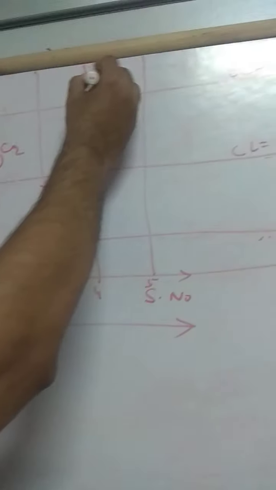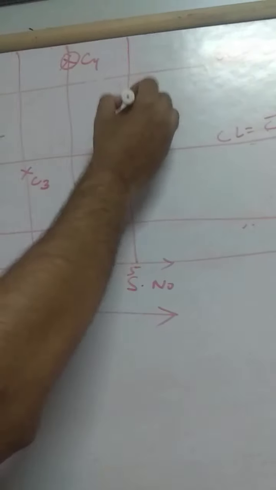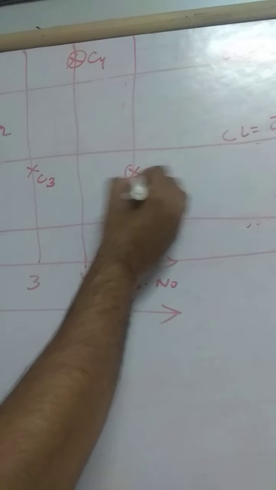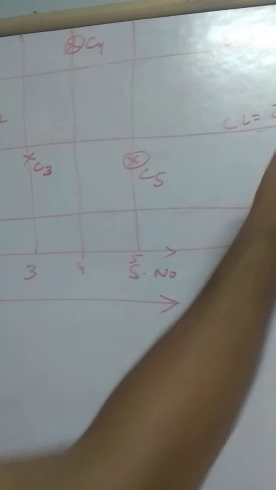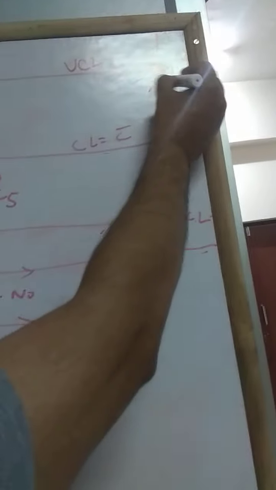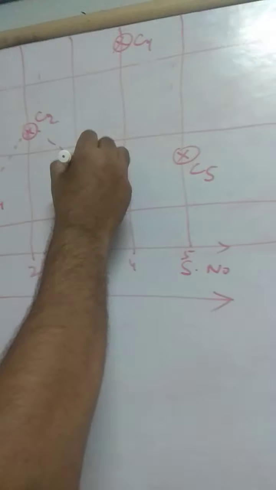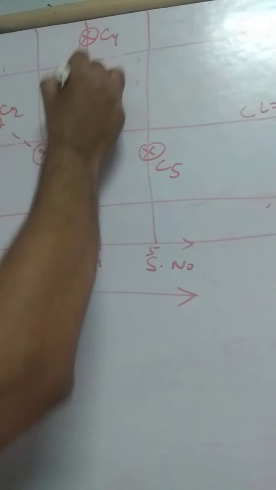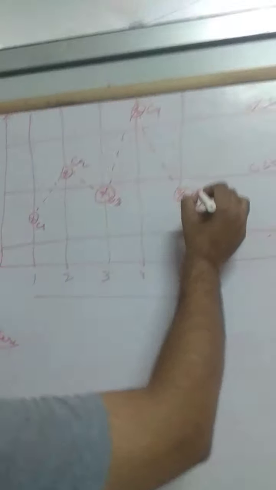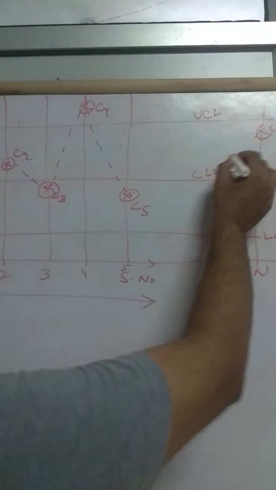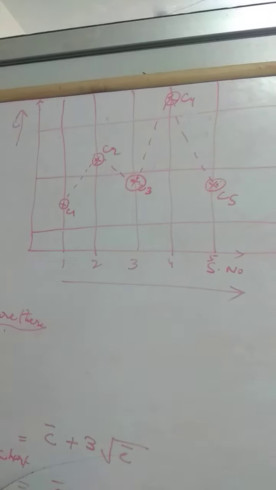For sample number 4, it is C4. For this one it is C5, and for this one it is Cn. Now we will join these points, and in this way our C chart will be completed.